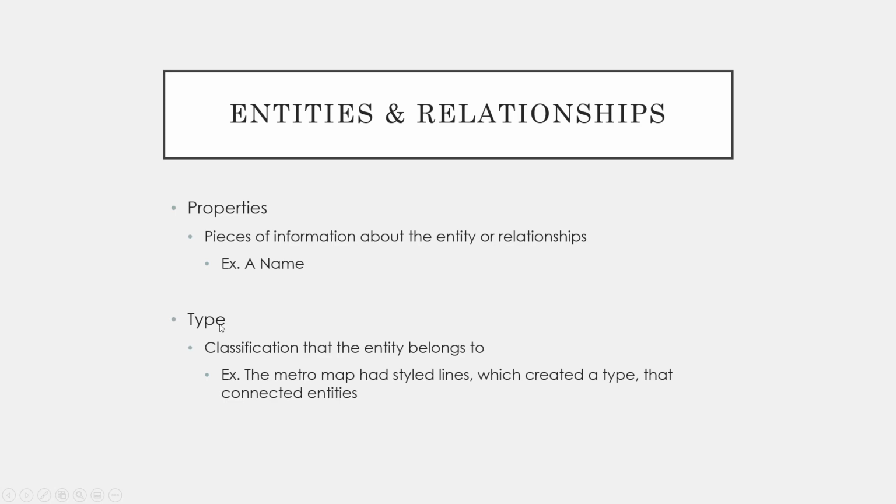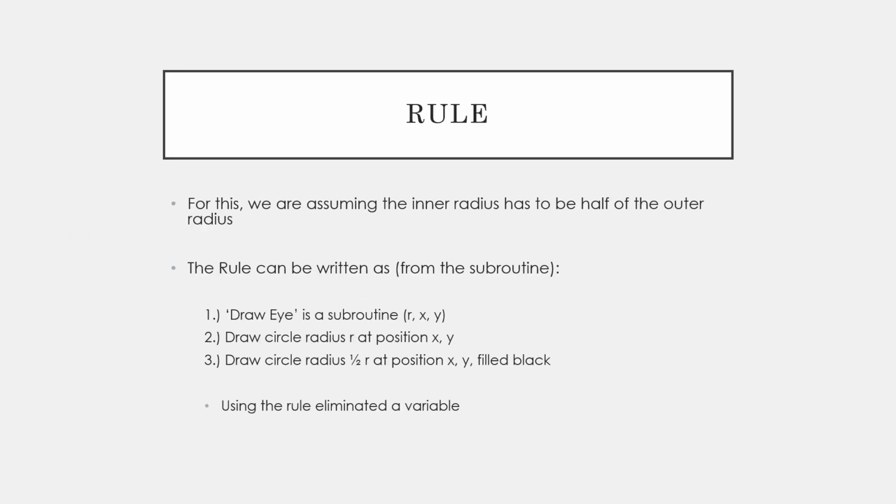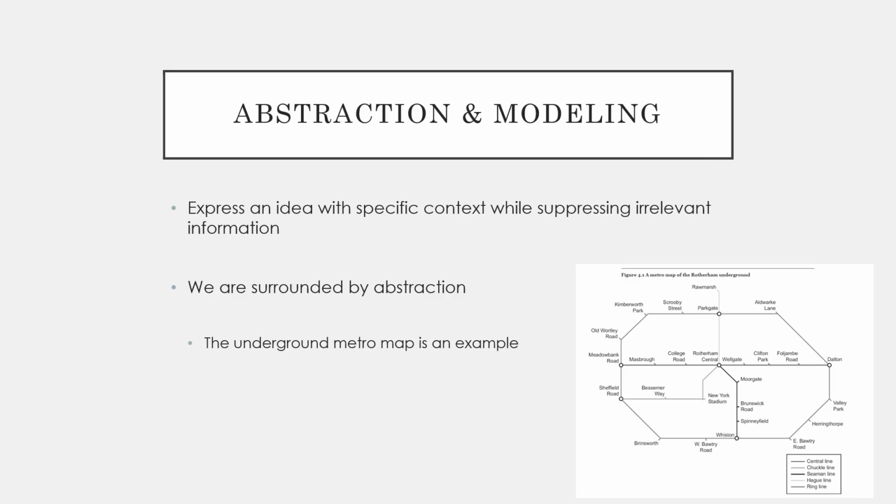Type is the classification that the entity belongs to. For example, our metro map from last week had styled lines, which created a type that connected entities. So if we go back here, I'm going to go back to that metro example. We can see what type we're dealing with here. Here are my entities, maybe, right?